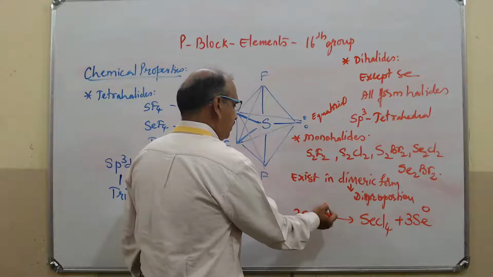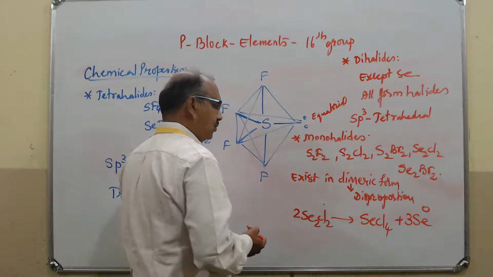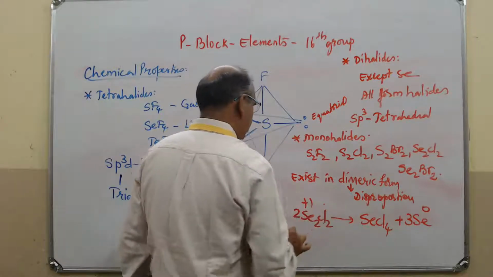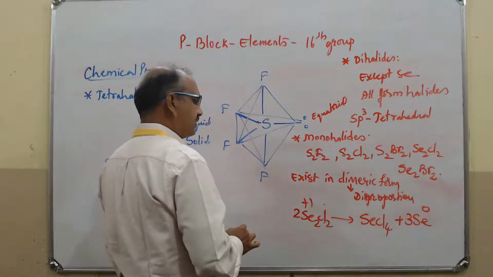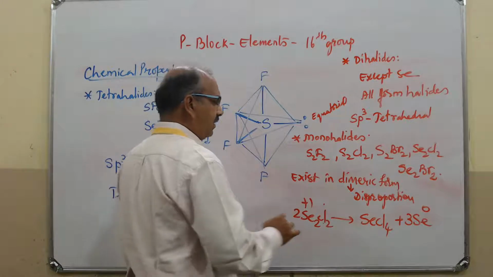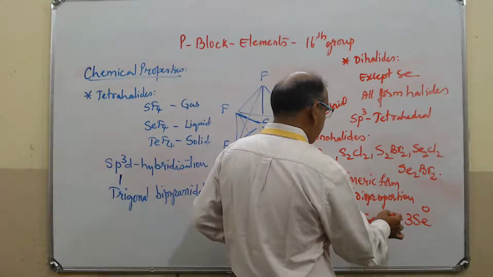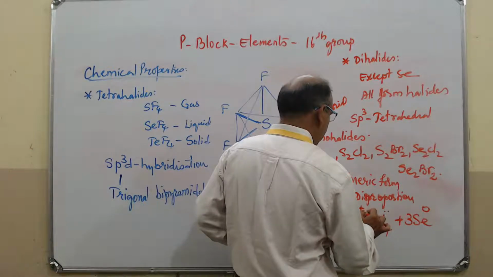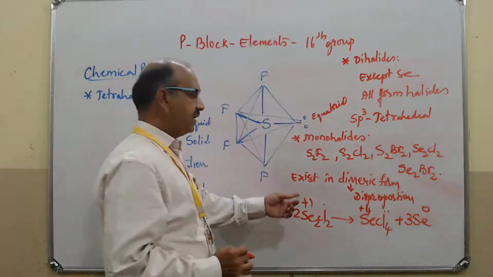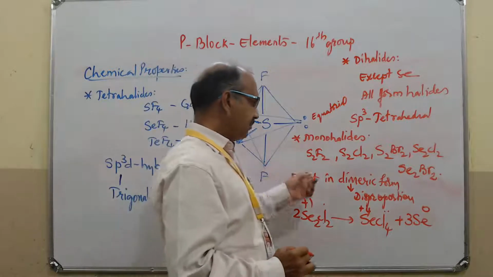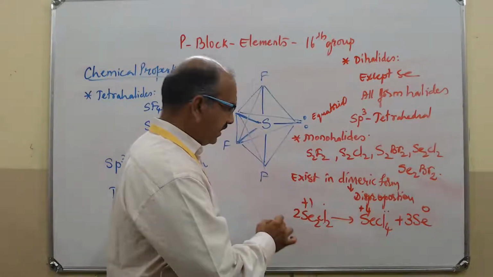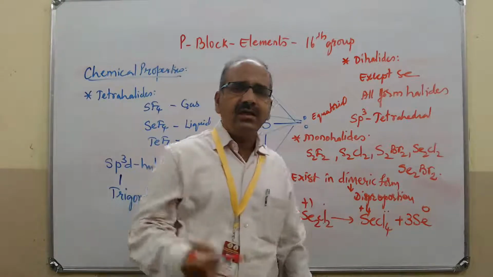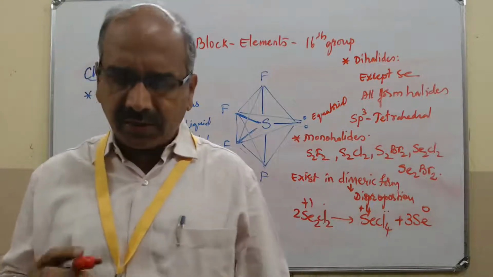Here chlorine is -1, so each selenium is +1. Here it shall be -4, so to balance this -4, selenium shall be +4. So from +1 it is going to +4, and from +1 it is going to 0. It is getting oxidized and also reduced. For that reason we call it disproportionation.